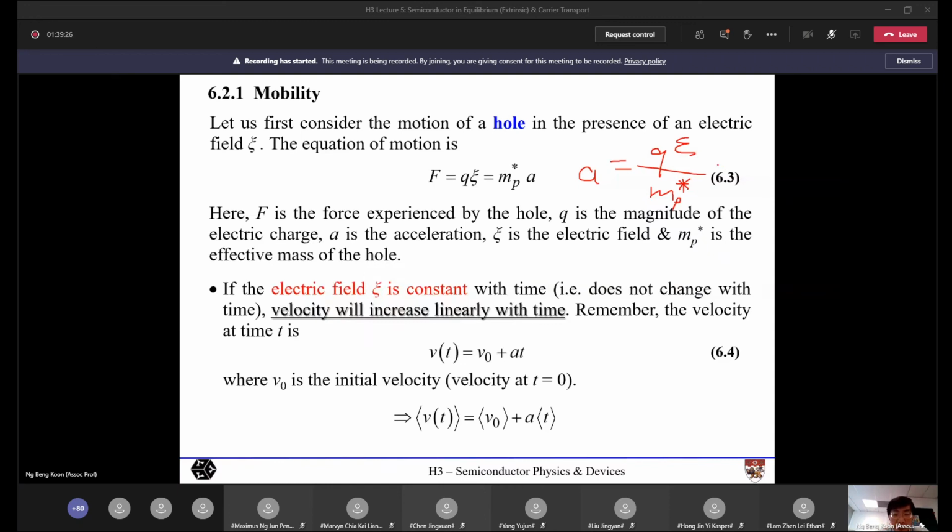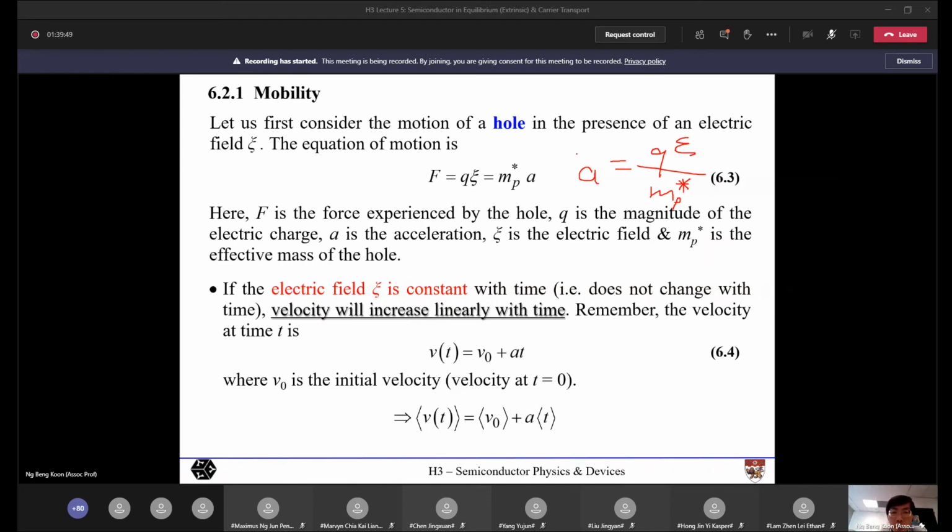So this allows us to describe the acceleration that the hole experiences. So it's related to the electric field that's applied divided by the effective mass of the hole.